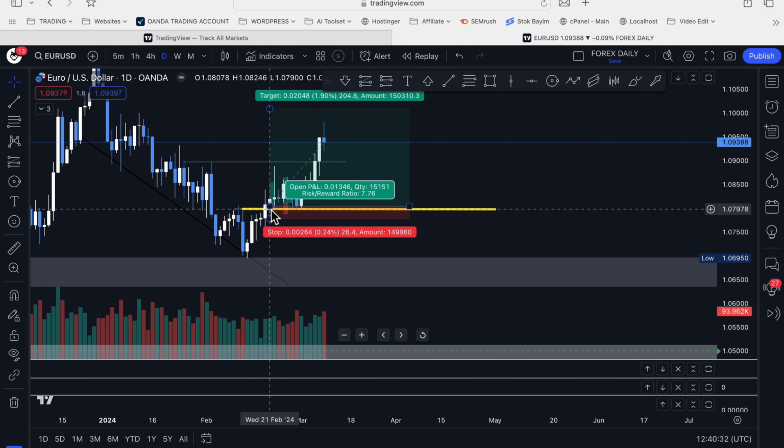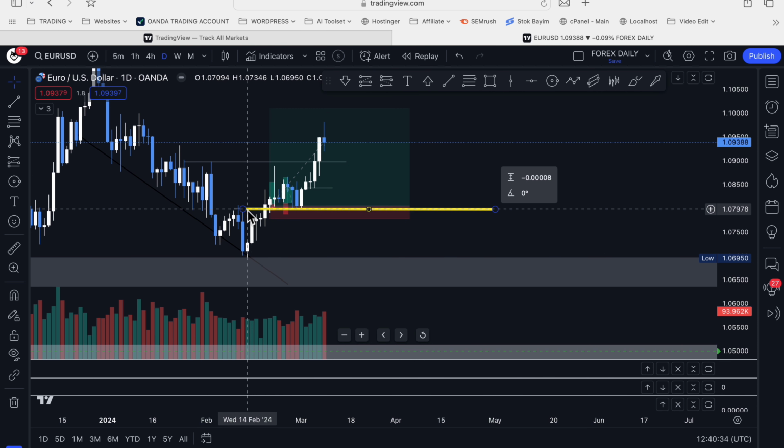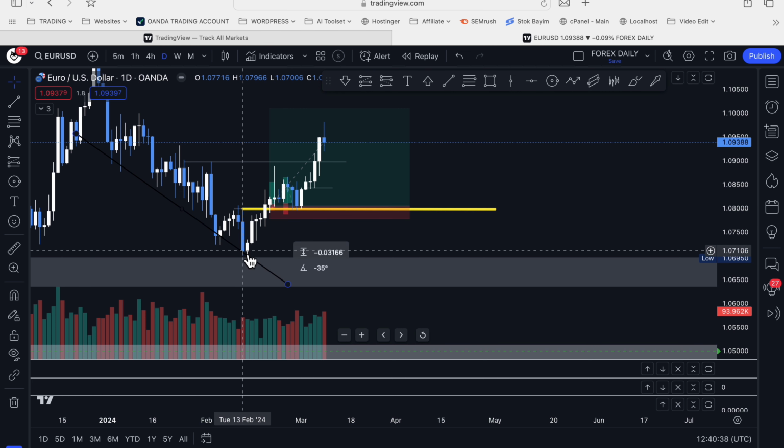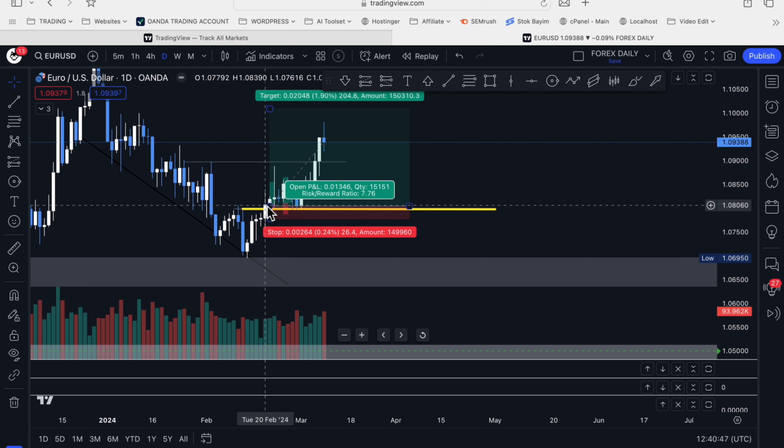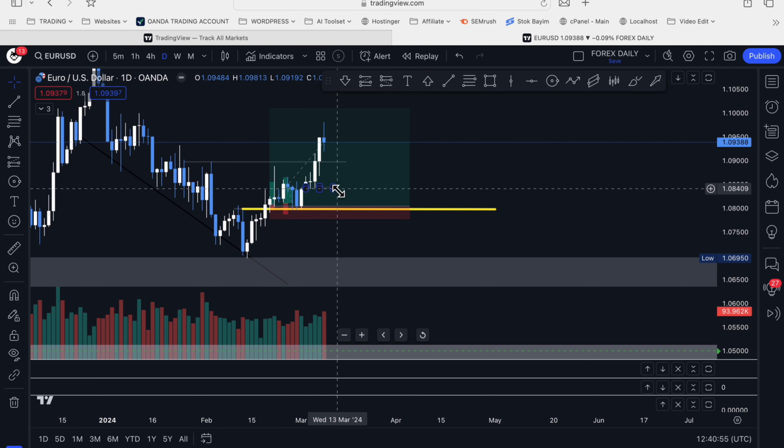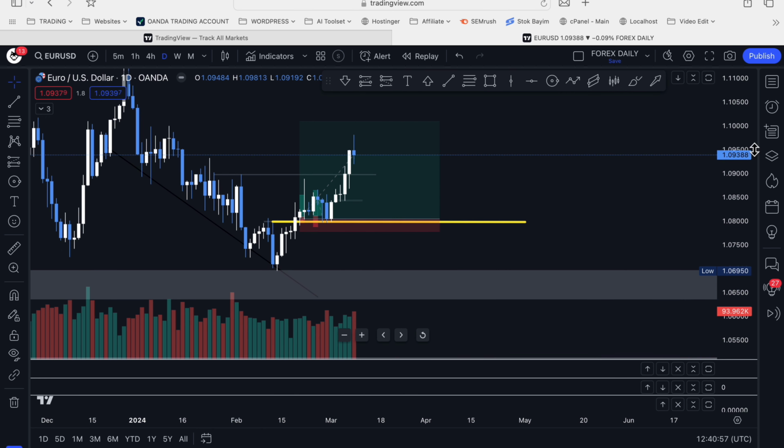This yellow vertical line is placed on the top of the wick of the last bearish candle. So this bearish candle goes from here down to here. As soon as it gets broken, that's where we enter. On this occasion, because it was a round psychological number, we waited until it was slightly above, and then we entered. And look at the results here.